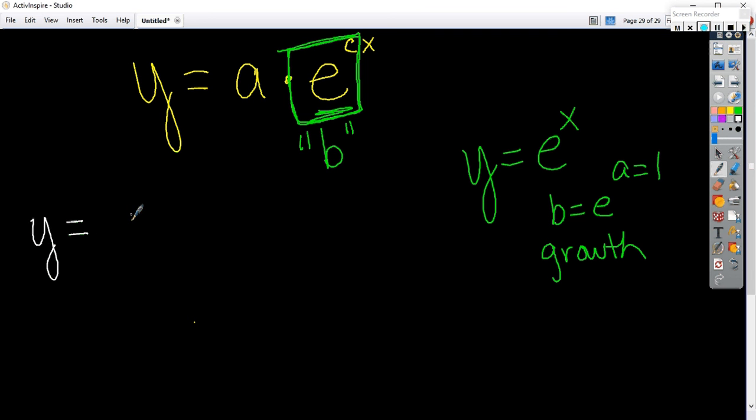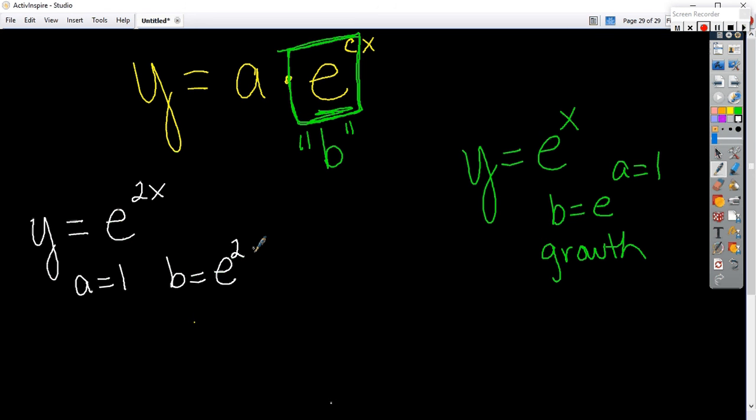What if this was e to the 2x? What is a? What is b? e to the second. You got to take that. If there's a number in front of the x, you got to take it with it.